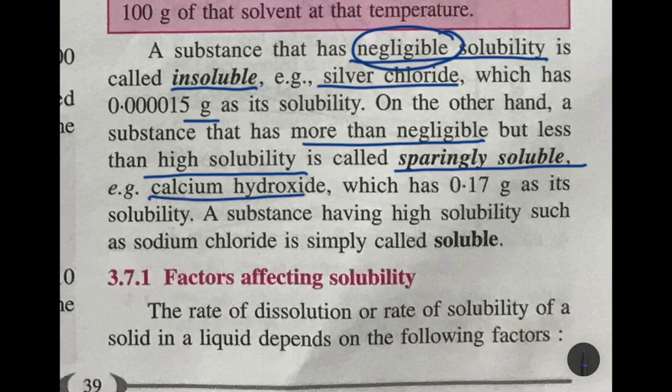Example, calcium hydroxide, which has 0.17 gram as its solubility. And a substance having high solubility like sodium chloride is called soluble.